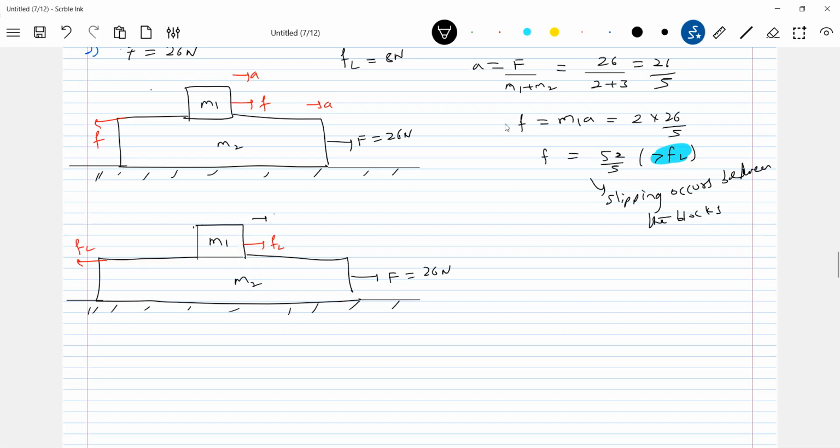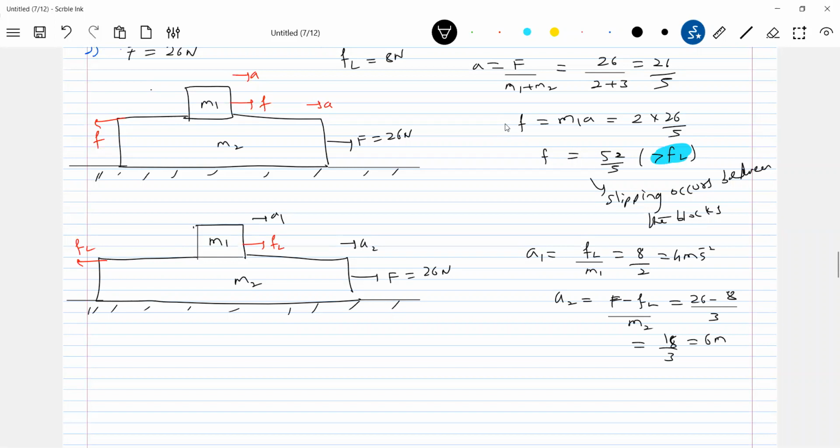Okay, here they will have accelerations like this. So what are the accelerations A1, A2? We'll calculate separately. A1 is equal to FL by M1. What is FL? 8 by 2, 4 meter per second square. What about A2? F minus FL by M2, 26 minus 8 by 3. 26 minus 8 will be 18 by 3, 6 meter per second square. These are the accelerations. What is the displacement now?